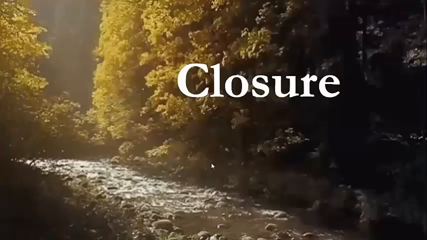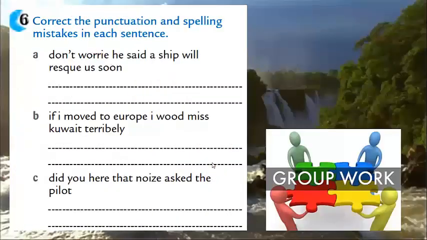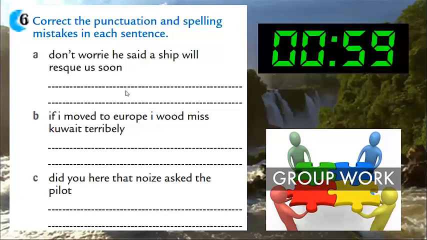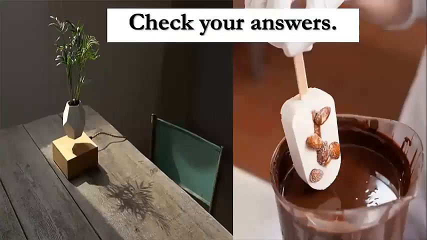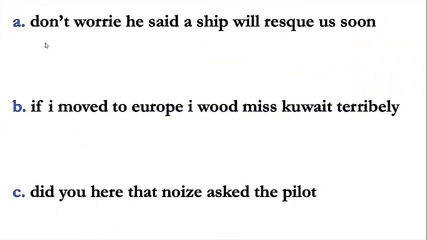Let's go, my dear students, to the last point in this period with exercise 6. Correct the punctuation and spelling mistakes in each sentence. Let's see the first one with you.